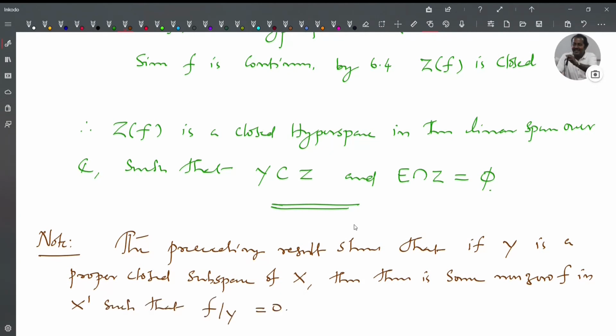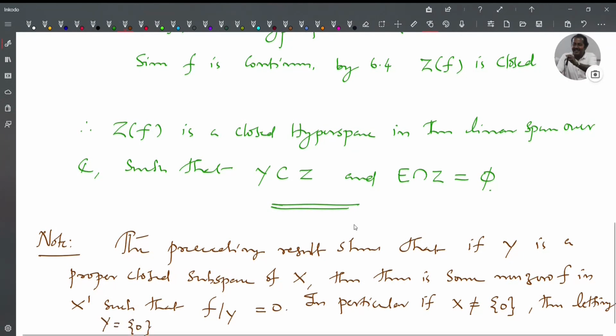In particular, if X not equal to singleton 0, then letting Y equal to singleton 0, we obtain X dual not equal to singleton 0.